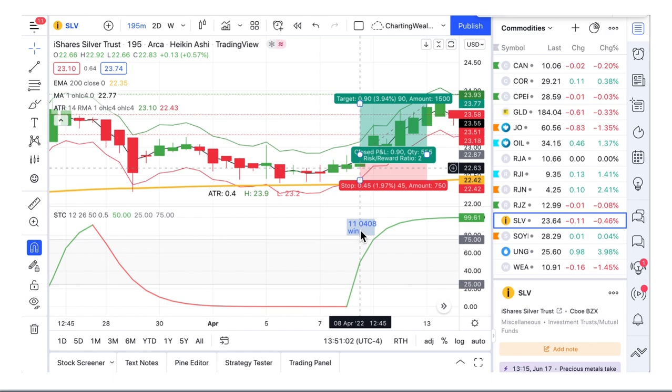This is a trade I did on April the 8th. You can see it here on the chart. I jumped in when silver on the half-day chart price was just above that 200-period exponential moving average line. The STC indicator went from red to green.